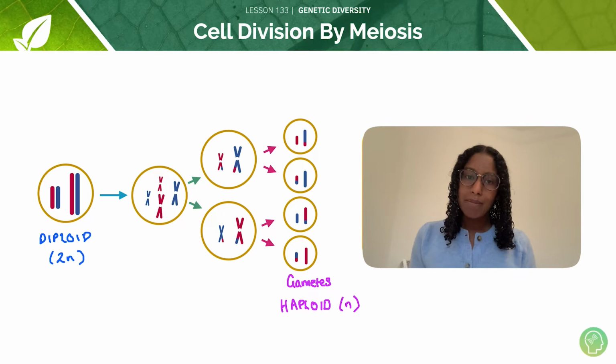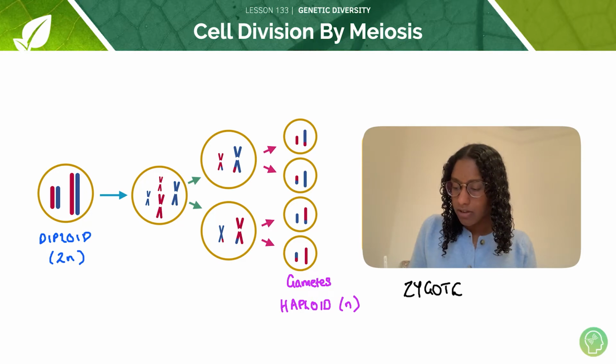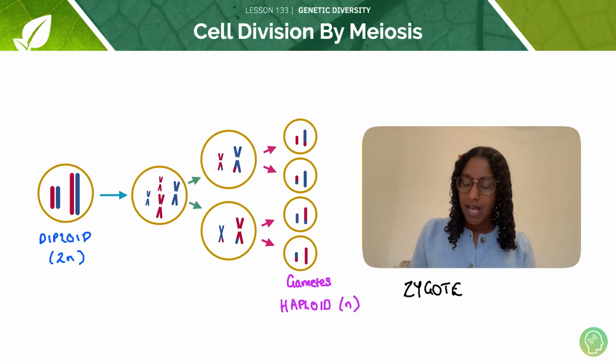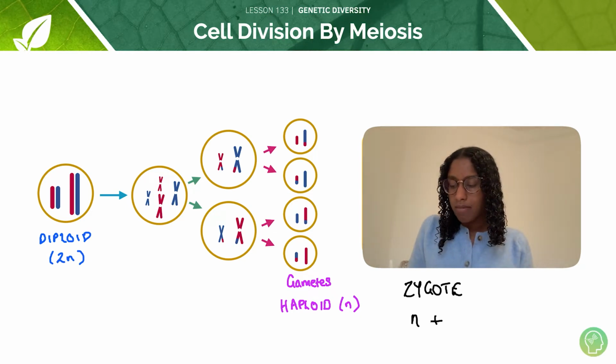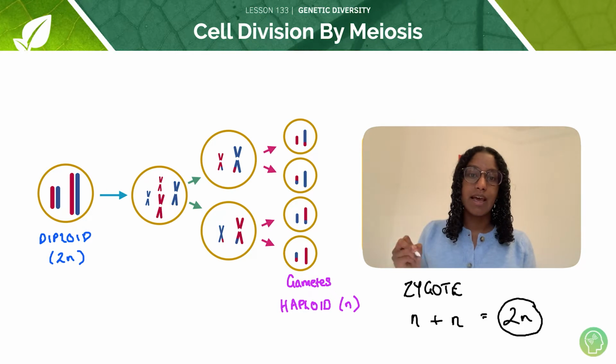Gametes are the sperm cells in males and the egg cells in females, and they join together at fertilization to form a zygote, which we met in the previous tutorial. The zygote is formed from the sperm cell, which has n chromosomes, plus our egg cell, so overall we now have the full number of chromosomes within our zygote.